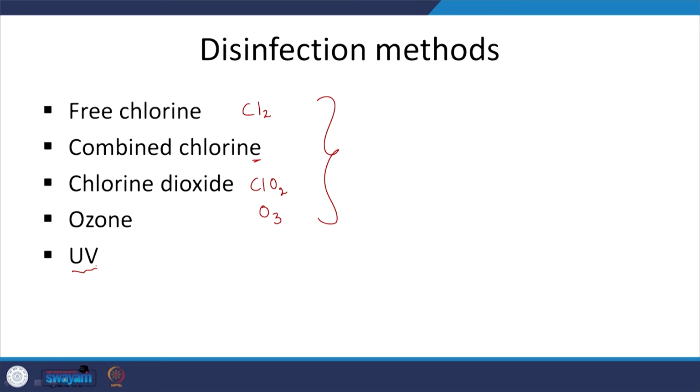Okay, before I go further, one aspect to consider is that, as I mentioned, oxidizing agent. So when I say oxidizing agent or oxidant, what is it that I'm trying to say now? Even in the context of the microbial degradation of organic matter, we came across electron donor, electron acceptor, oxygen. Oxidant or oxidizing agent.